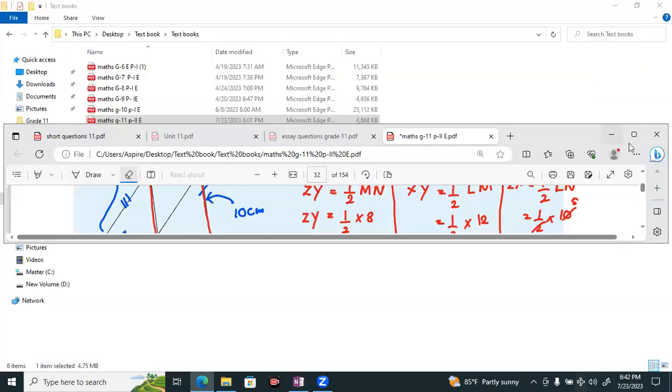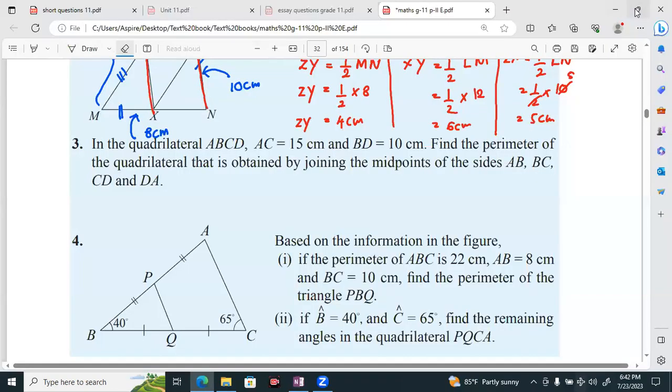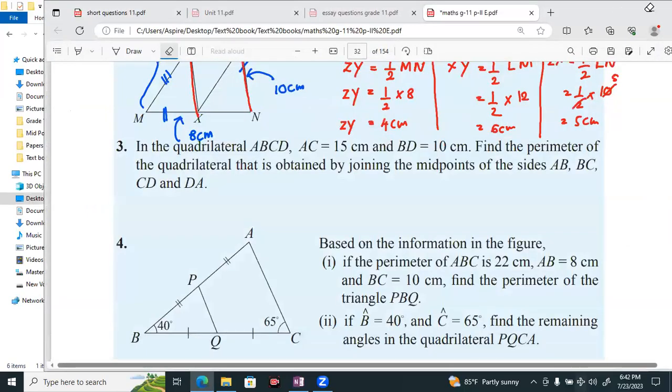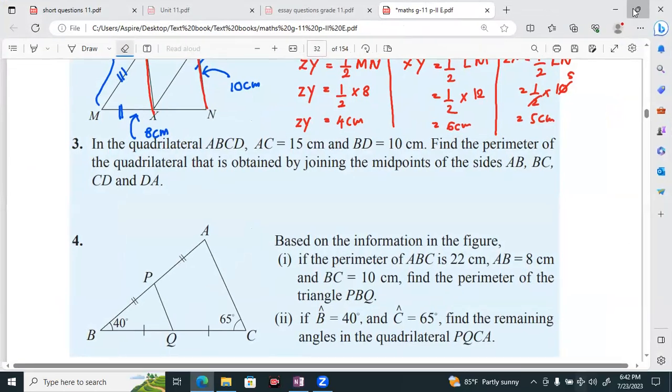Okay. Actually, to solve this question, we have to draw a diagram and mention all the given information in the diagram.